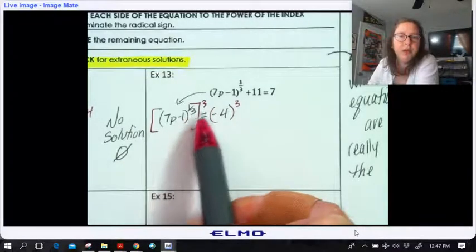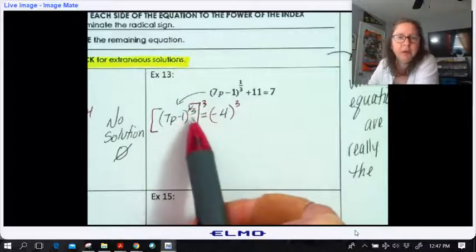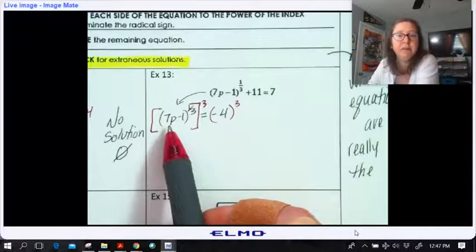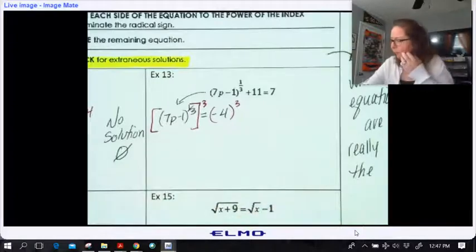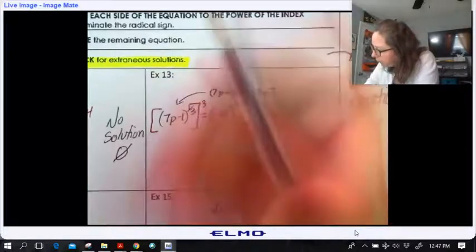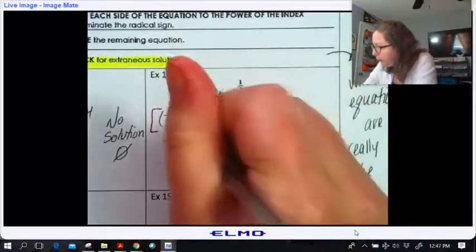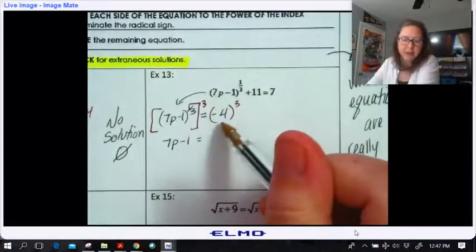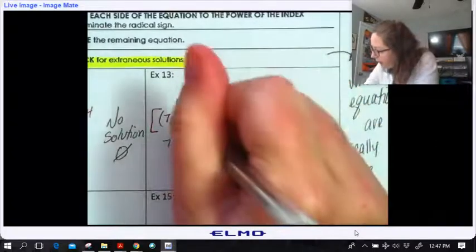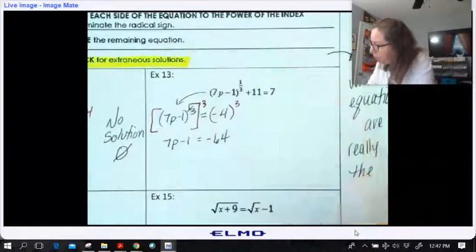Another way to think about this is that if you look at your exponents when you multiply them, 3 times 1/3 equals 1. So I'm left with nothing but the 7p minus 1 equals, and then -4 cubed is -64.